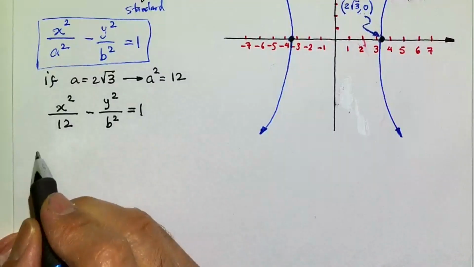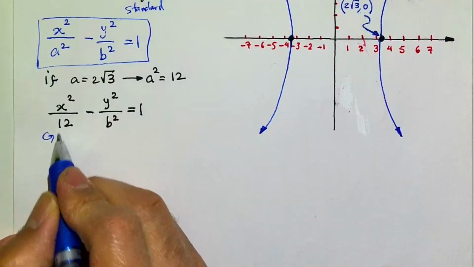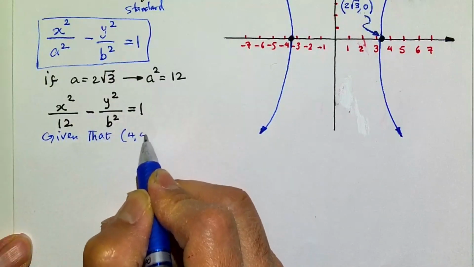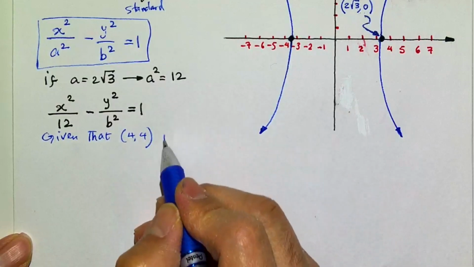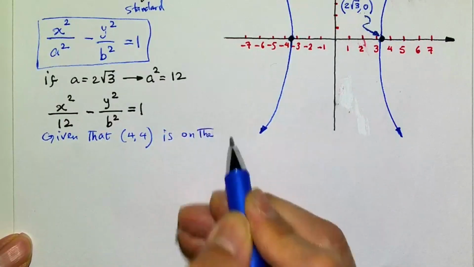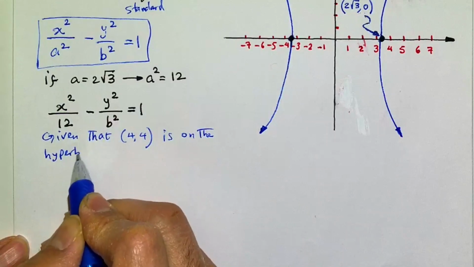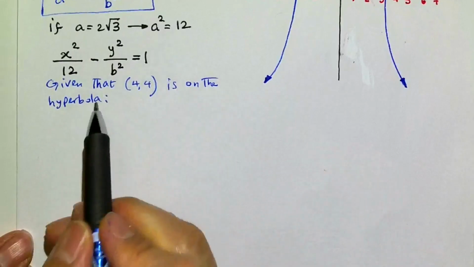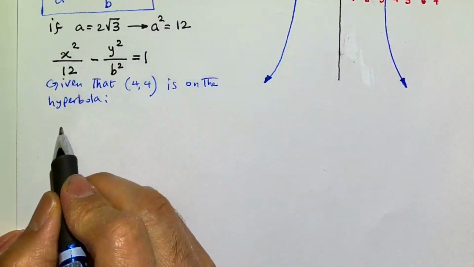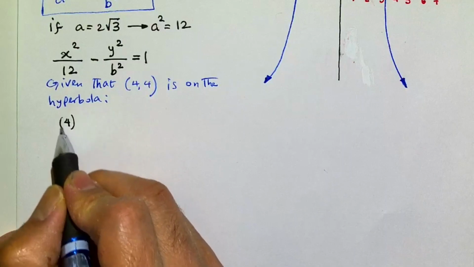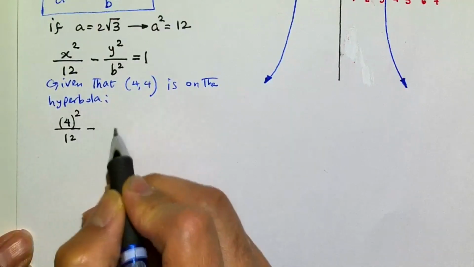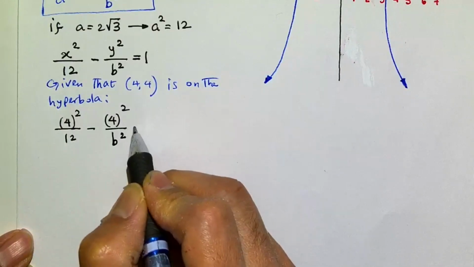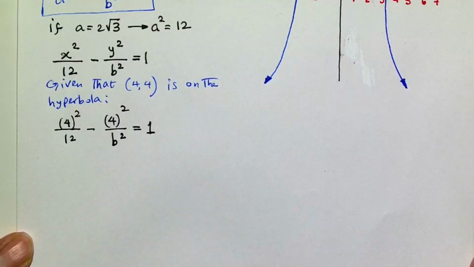Given that 4 comma 4 is on the hyperbola, then we can easily say, okay, so 4 squared over 12 minus 4 squared over b squared must be equal to 1, right?